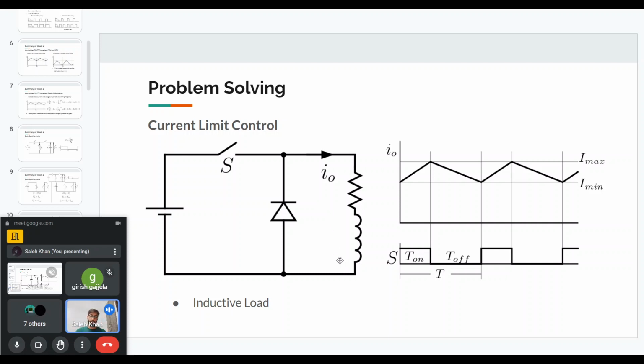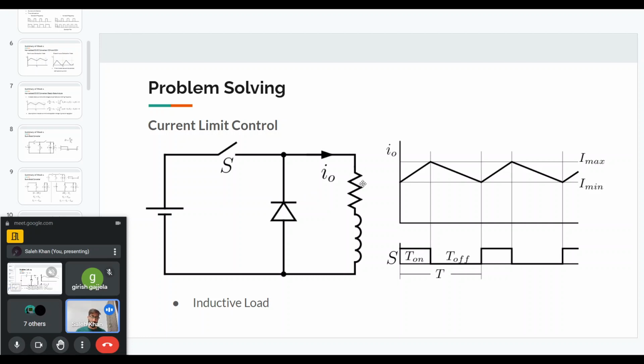In fact, it will have a negative voltage across the inductor, and the inductor current will drop. And once it reaches a minimum point, which we have defined as Imin, we will again turn on the switch S, and the freewheeling diode will turn off.